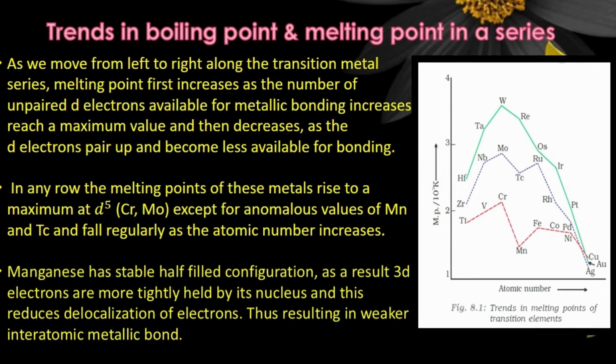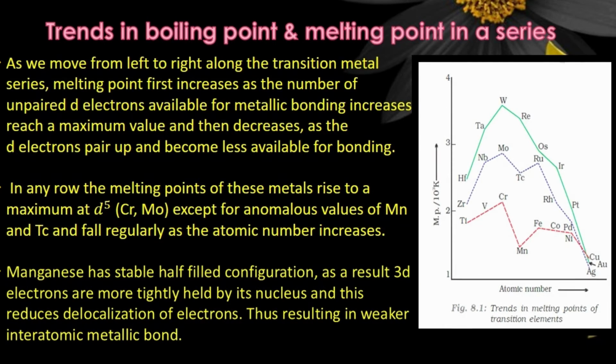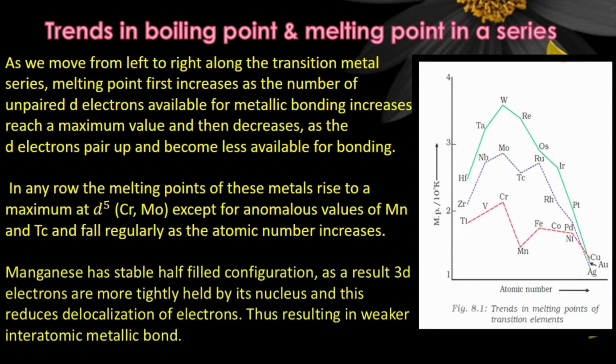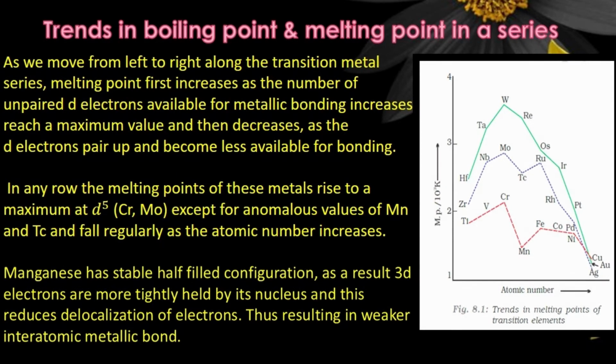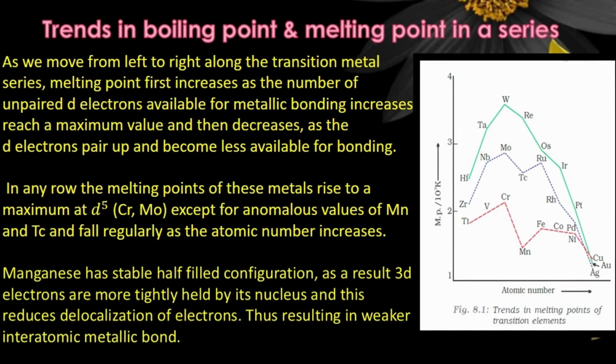As a result, the 3d electrons of manganese are held tightly by its nucleus. Hence, they are not available for forming a strong metallic bond. Hence, manganese has a lower melting point than expected.